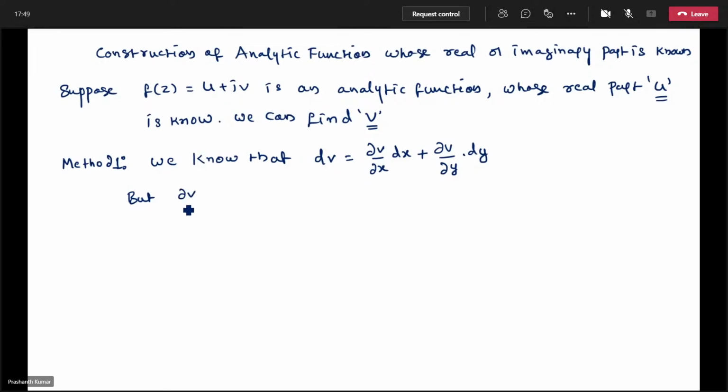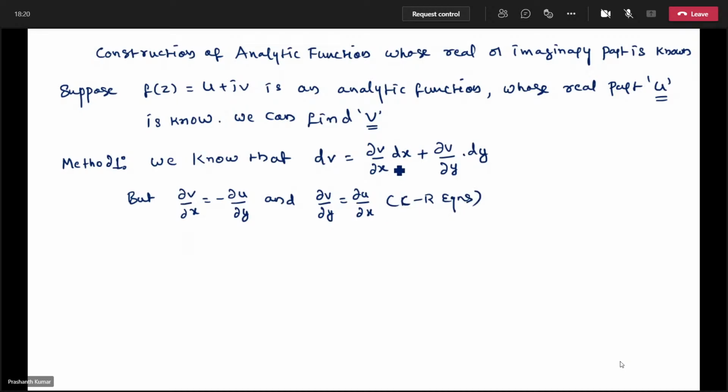Dou u by dou x is equal to dou v by dou y, and dou v by dou x is equal to minus dou u by dou y. This is the CR equation.